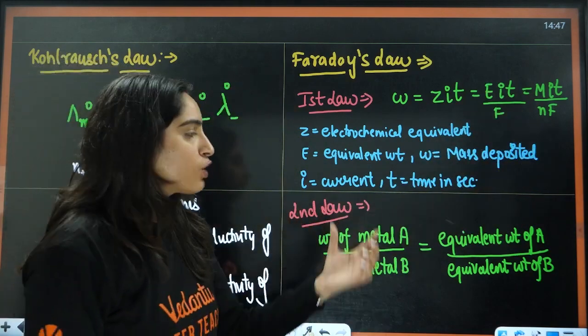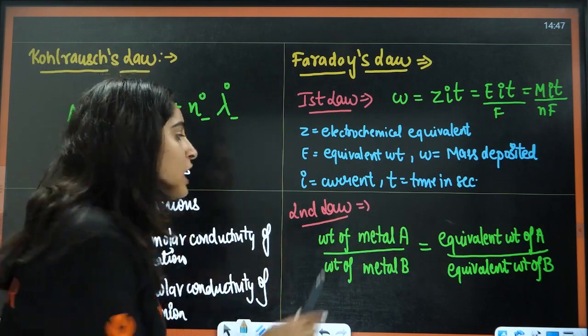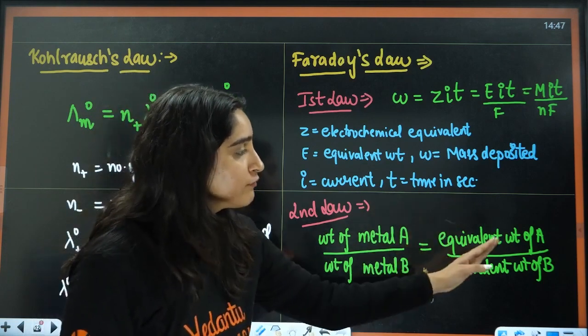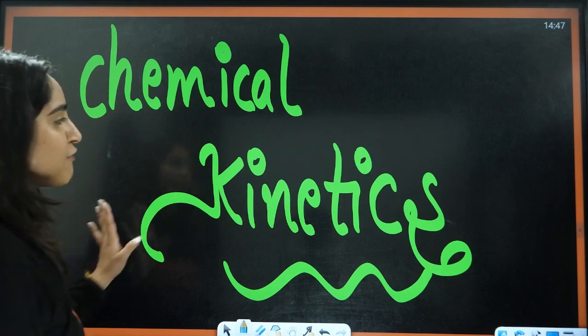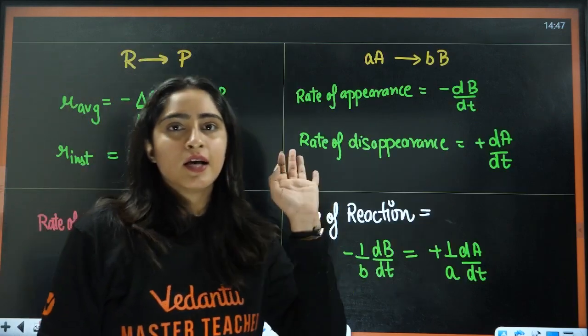Now the second law says that if we have several cells connected in series, the weight of metal at A divided by the weight of metal at B will be equal to the equivalent weight at A divided by the equivalent weight at B.